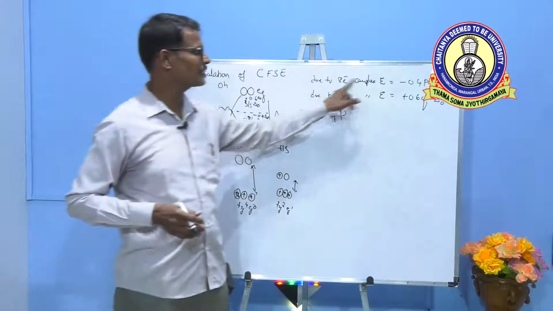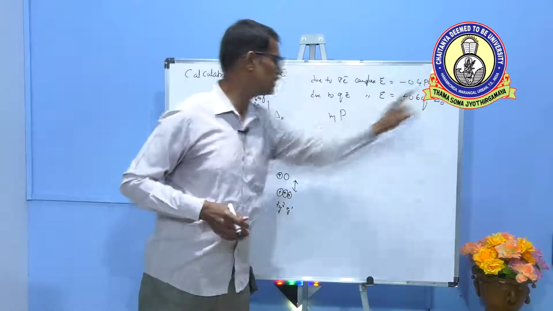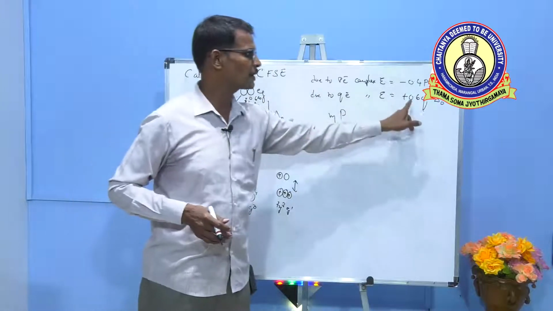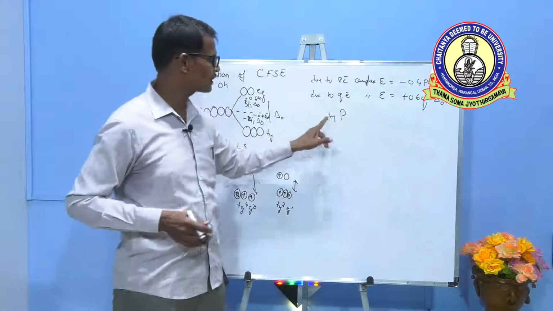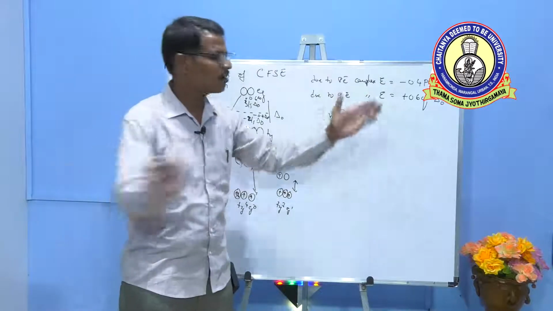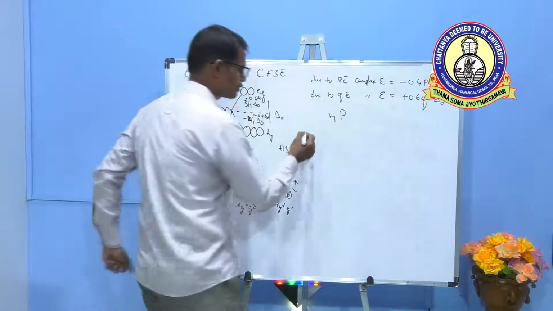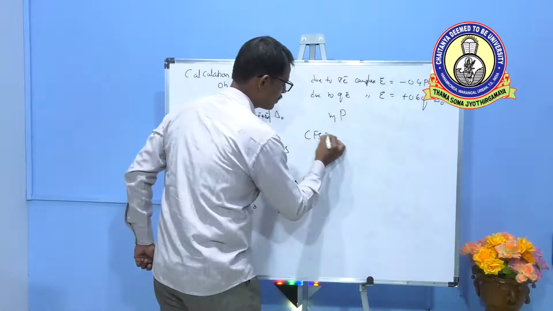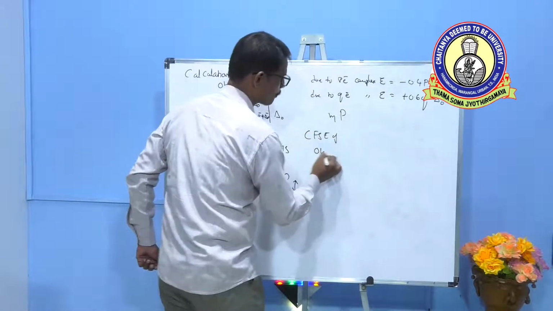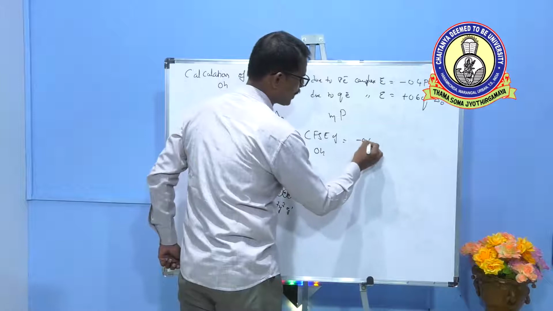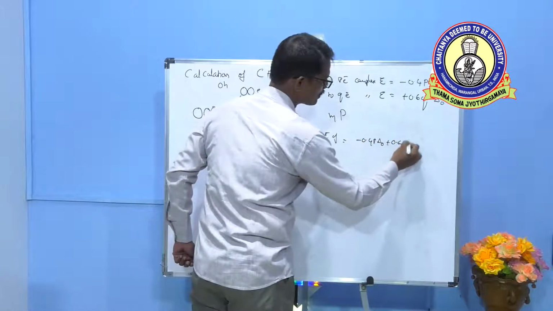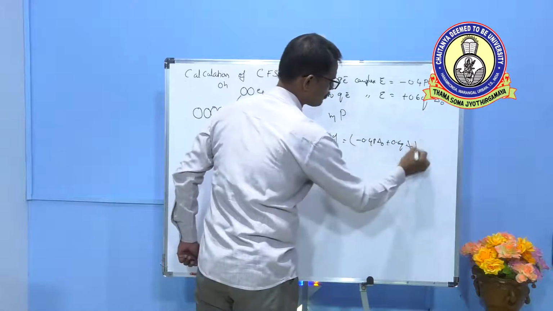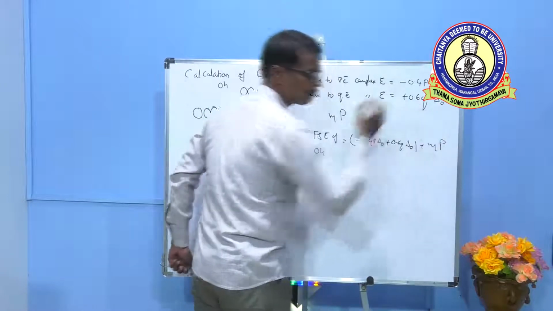Due to p electrons, the complex energy is minus 0.4 p. Due to q electrons, the complex energy is plus 0.6 q delta O. Due to pairs, the complex energy is mP. Combine all these three. So that is the CFSE of octahedral complex: minus 0.4 p delta O plus 0.6 q delta O plus mP.